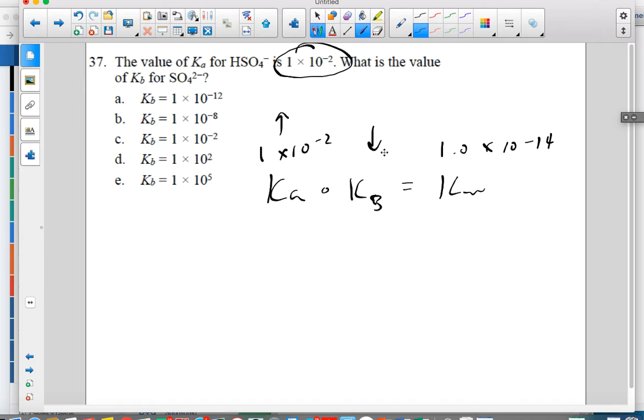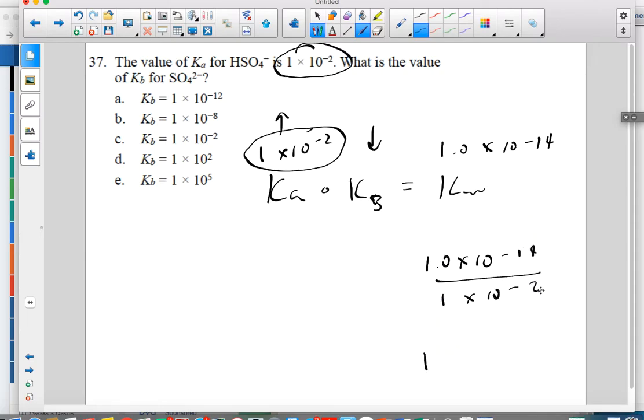The larger the Ka value, see how this has a 1 times 10 to the negative second. When I go to calculate this value, watch what I get. I get 1.0 times 10 to the negative 14th, and I'm going to divide this by 1 times 10 to the negative second. 1 divided by 1 is 1. 14 minus a minus 2 is going to give me 1.0 times 10 to the negative 12th, and that's going to be your answer for 37. So that's going to be your answer. But what does that basically mean?